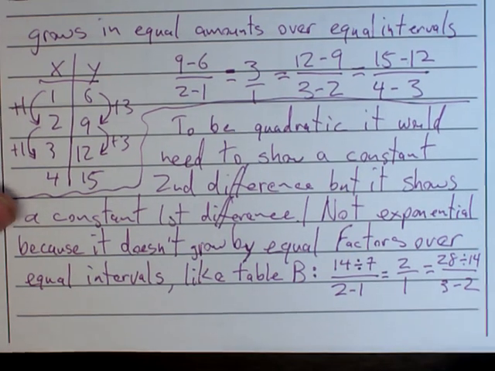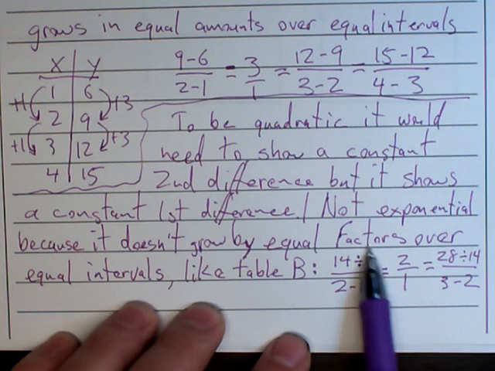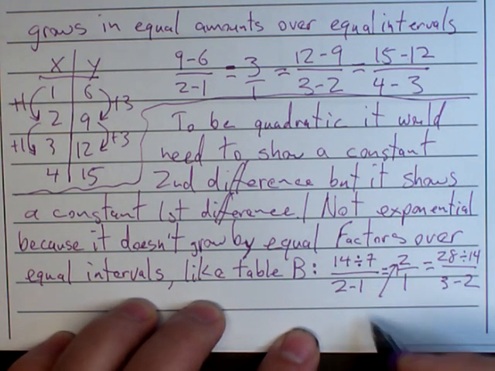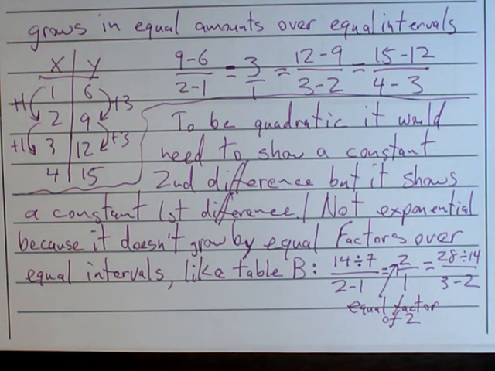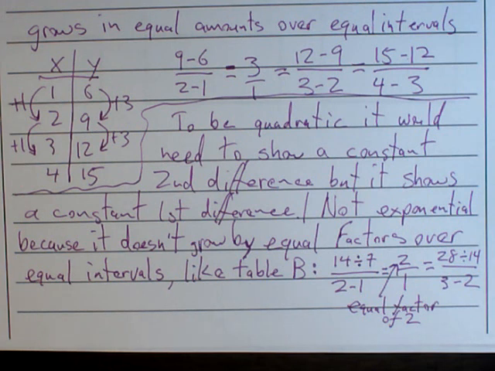Okay, I don't know if this is the perfect way to show it, but what I'm showing is since this is a division, this is a factor of 2, which is what would make this exponential, but table A is clearly linear for all of those reasons.